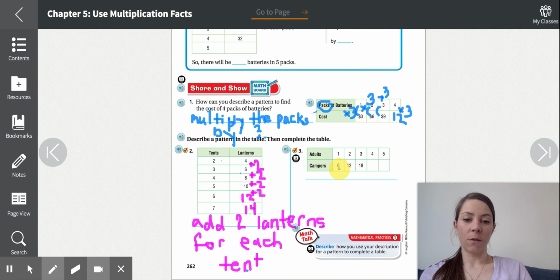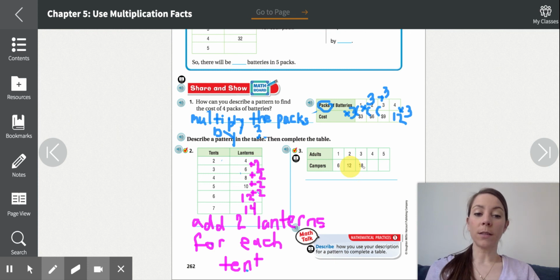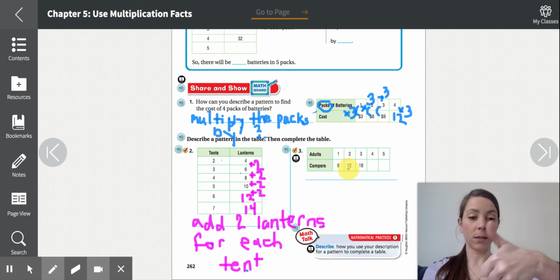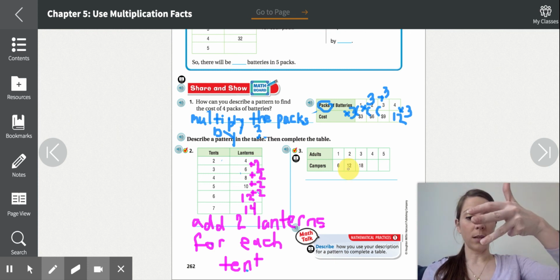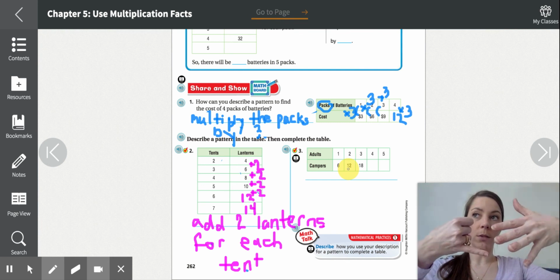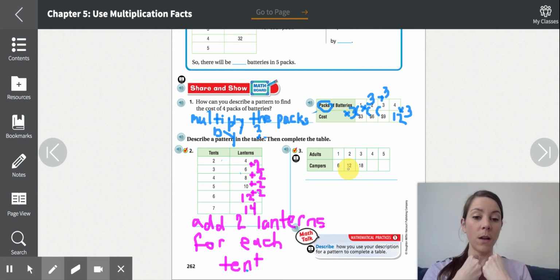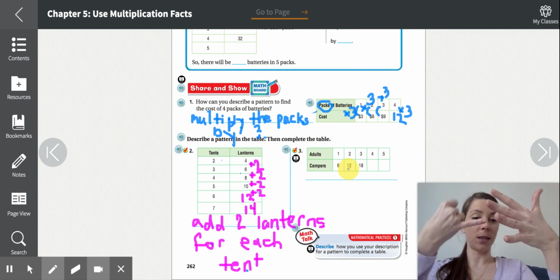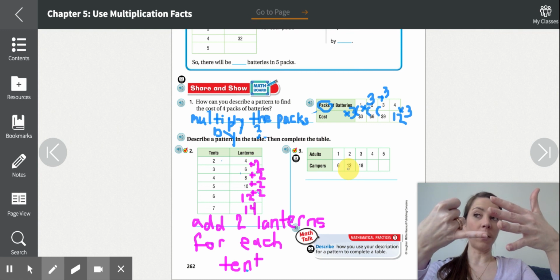Okay, from 6 to 12 and 12 to 18, what are you doing to your numbers each time? Well, let's count up to see what I need to do. 6, 7, 8, 9, 10, 11, 12. So 6 plus 6 is 12. What about 12 to get to 18? 12, 13, 14, 15, 16, 17, 18. 12 plus 6 is 18.